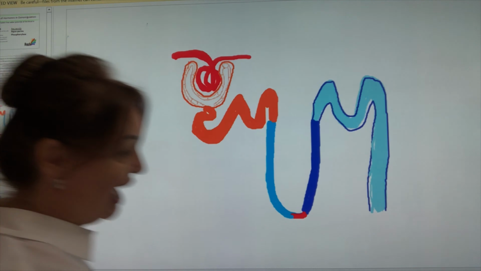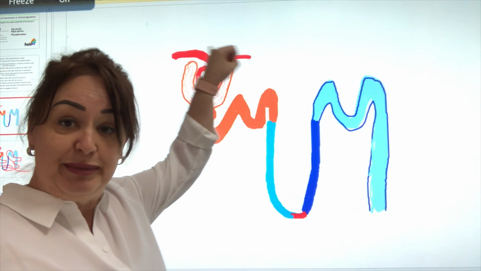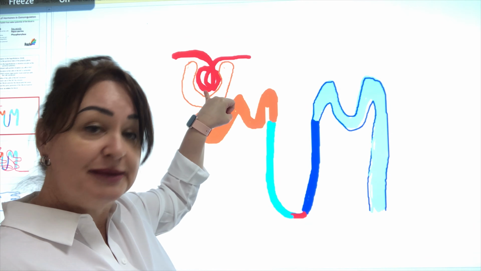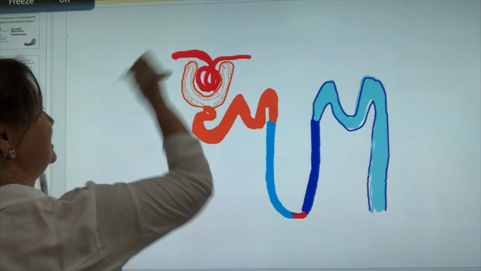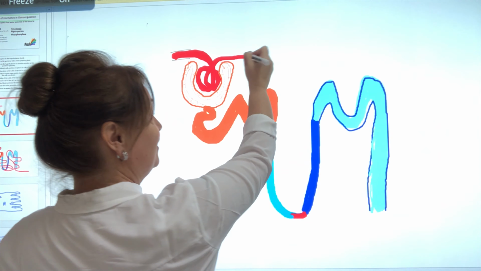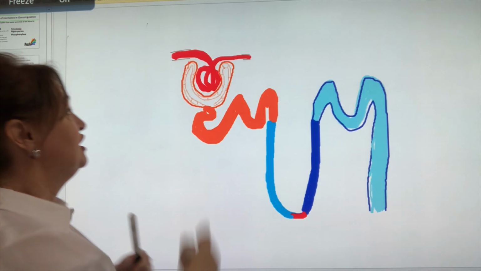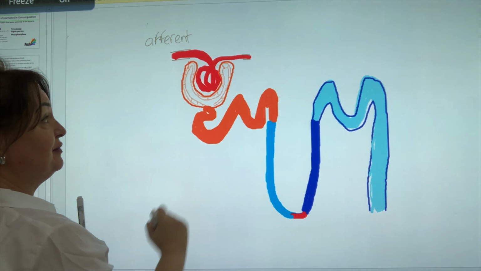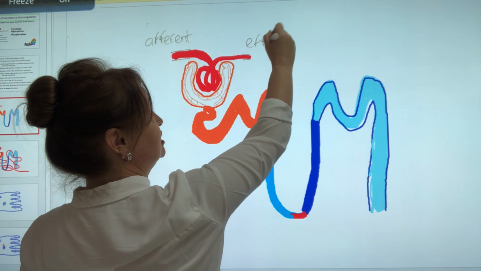So here we have the blood capillary, and it goes into this knot. It's called a glomerulus, and what you'll find is that the capillary going in is thicker than the one coming out. This is called the afferent capillary, and this is the efferent.